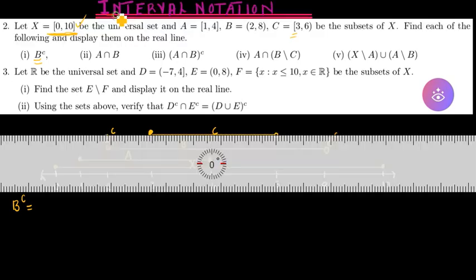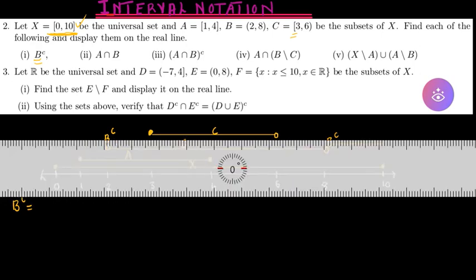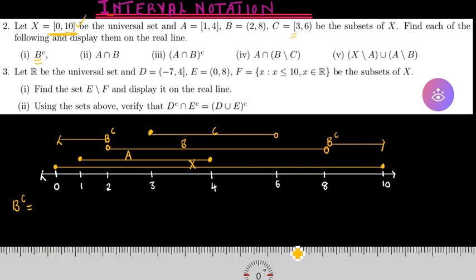Now look at this. When I get my rule, I'm going to write a line which is going to move in this direction and a line which is going to move in this direction. So my B complement is this particular setup.